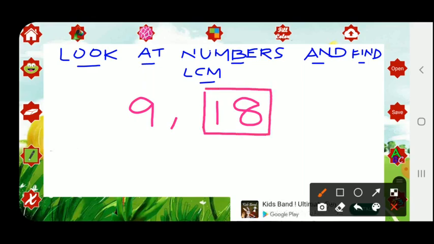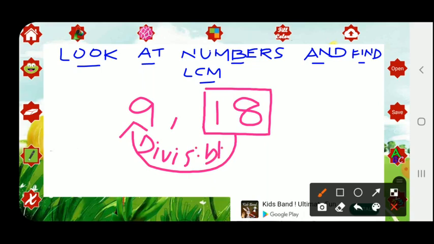Then we need to see whether this 18 is divisible by this number 9 or not. Yes, 18 is divisible by 9. So we have already got our LCM: the LCM of 9 and 18 is 18.